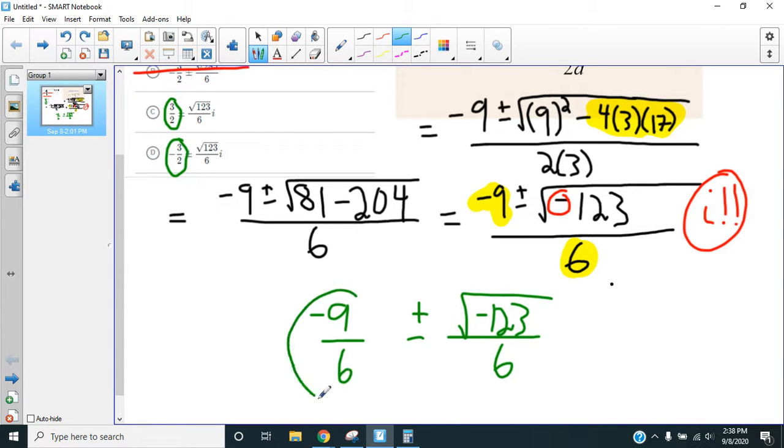And then I can reduce this, which turns into negative 3 over 2. That tells me choice C is wrong, choice D is correct, and we're on our way.